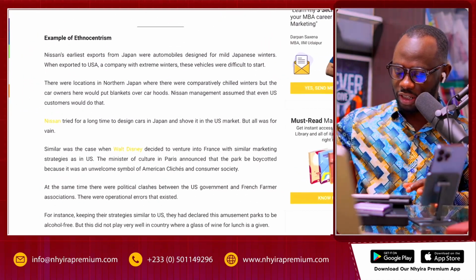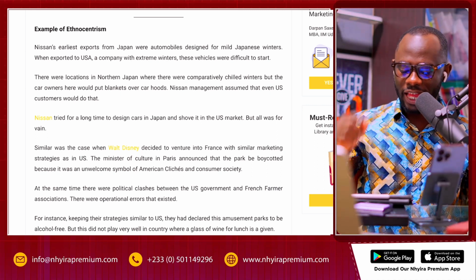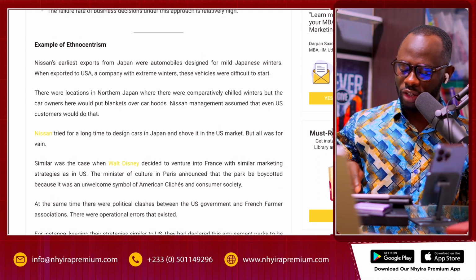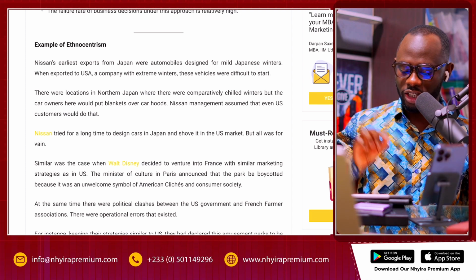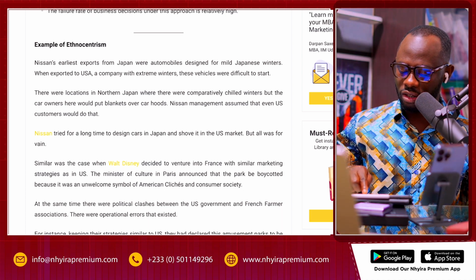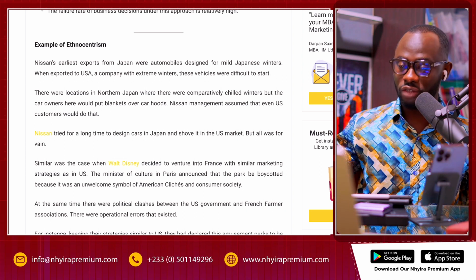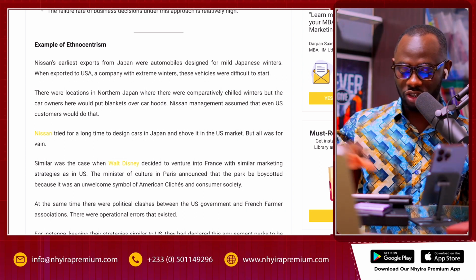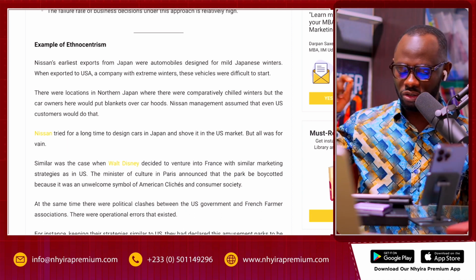If you look at this example here, it says that Nissan's earliest exports from Japan were automobiles designed for mild Japanese winters. When exported to the US, a country with extreme winters, these vehicles were difficult to start.